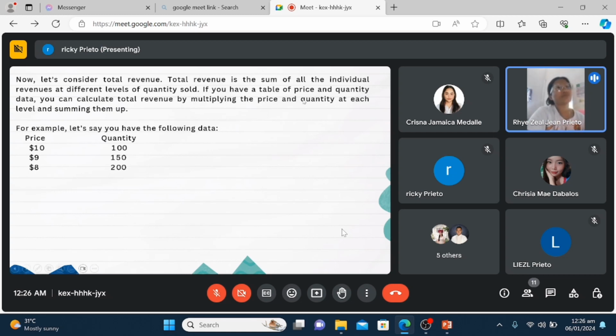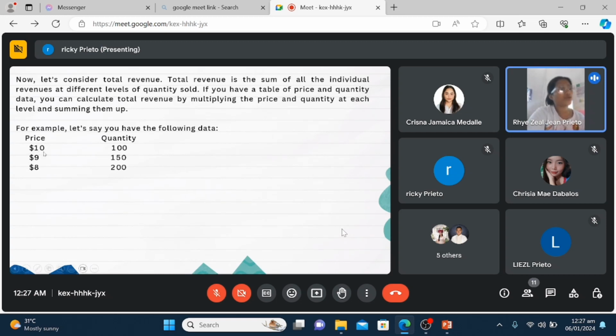If you have a table of price and quantity data, you can calculate total revenue by multiplying the price and quantity at each level and summing them up. So, for example, let's say you have the following data.